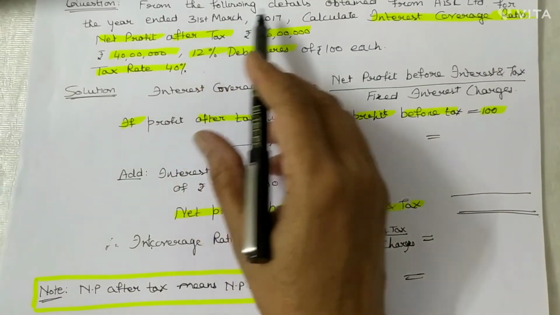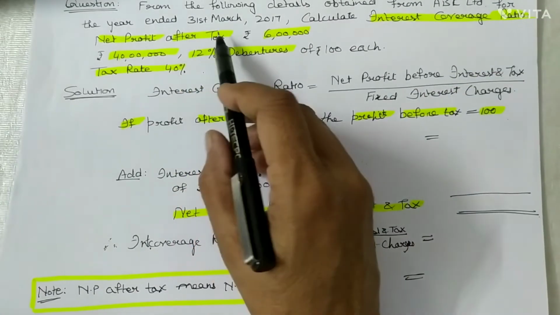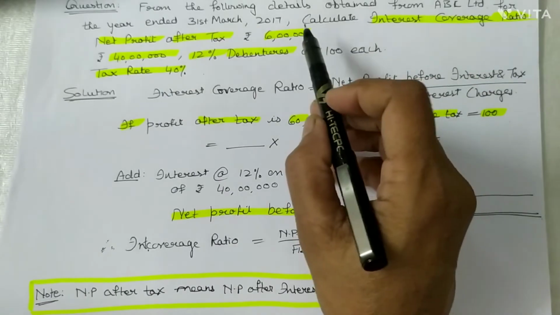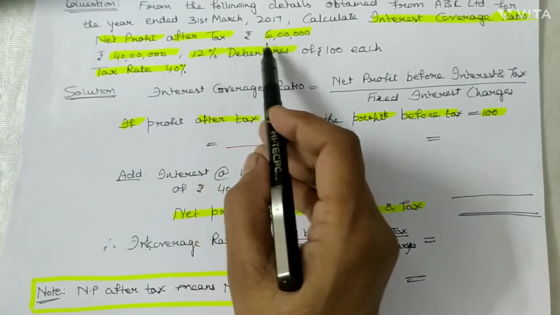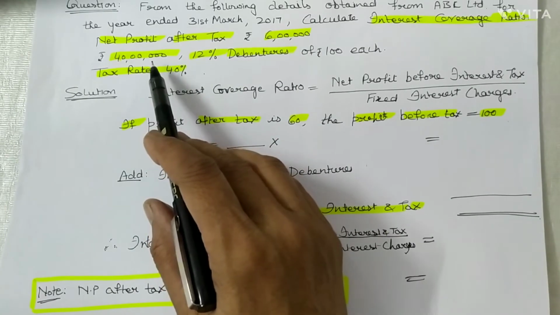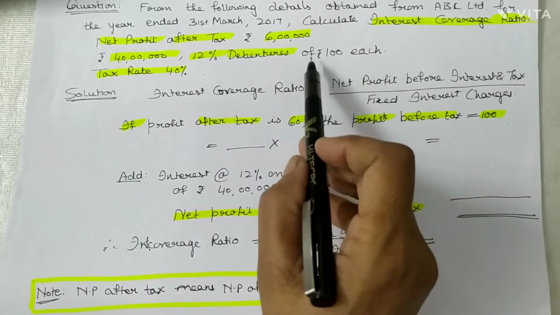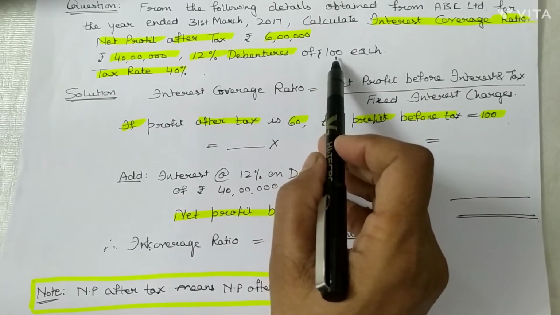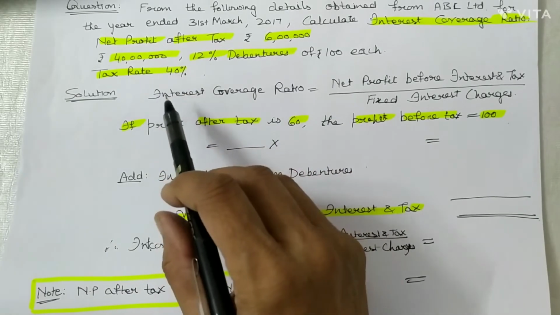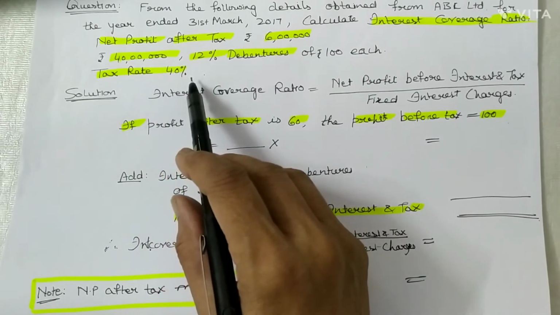Next question is: from the following details obtained from ABC Limited for the year ended 31st March 2017, calculate interest coverage ratio. Net profit after tax is given as 6 lakh and 40,000, 12% debentures of 100 each. It means 40,000 debentures of 100 each is equal to 40 lakh. Tax rate is 40%.